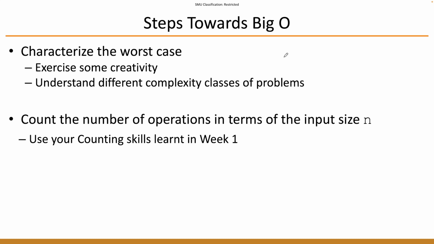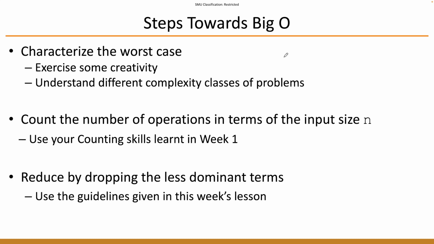So this is where what we have learned in weeks 1 and 2 will come in nicely. Now you can count the number of operations by using a couple of the 4 different principles that we have introduced. Finally, after you have the count, which is usually a function of the n value, your input size, we convert that into the big O notation.